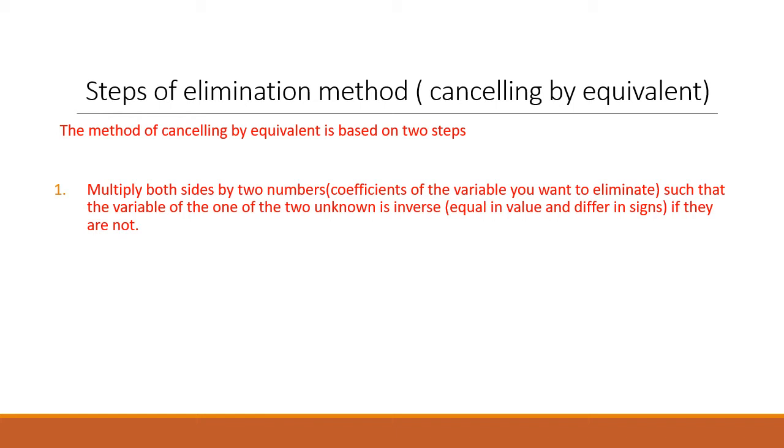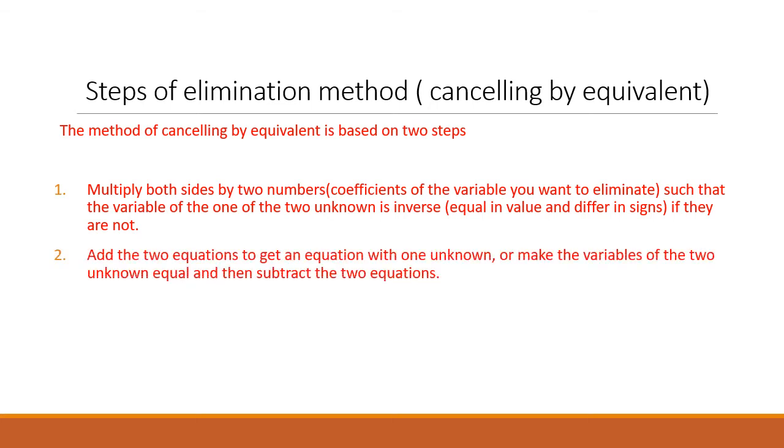For example, if in equation 1 the coefficient is 3 and in equation 2 the coefficient is 4, then we take the coefficient 4 from equation 2 and multiply it with equation 1. Then we take 3 from equation 1 and multiply it with equation 2. That is what we actually do.